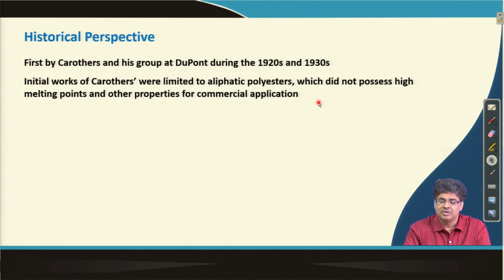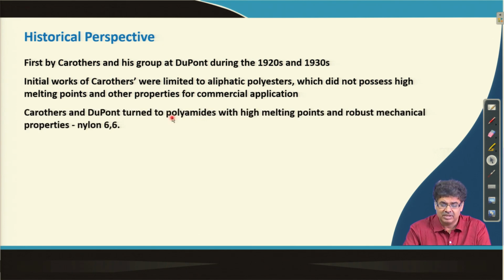They also synthesized aromatic polyesters of isophthalic acid and ethylene glycol, but that also did not have the required properties for commercial application. Hence, Carothers and his team at DuPont moved to synthesize polyamides, which had a high melting point and robust mechanical properties for application.